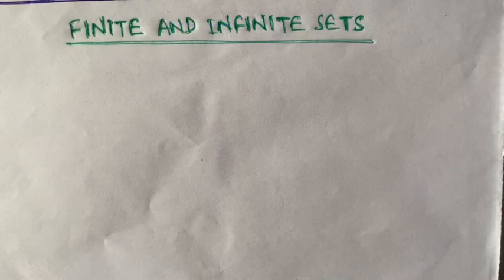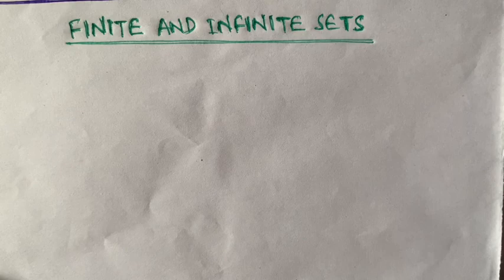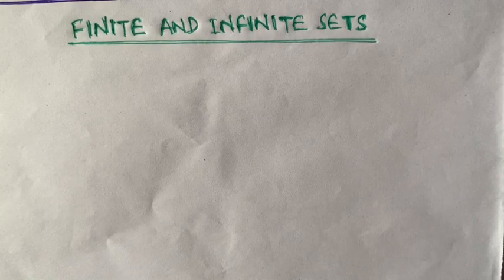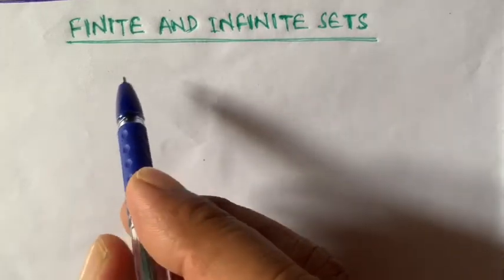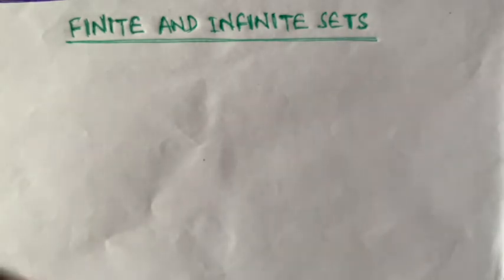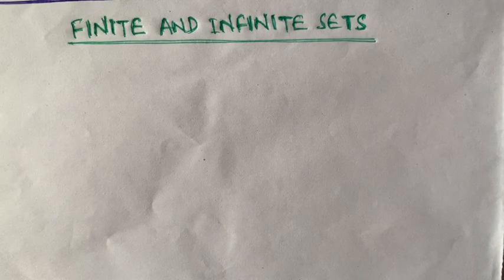Let us now define finite and infinite sets. A finite set, as the name suggests, will have some finite number of elements. That means if we can represent the total number of elements of a set by a natural number, then that will be considered as a finite set.